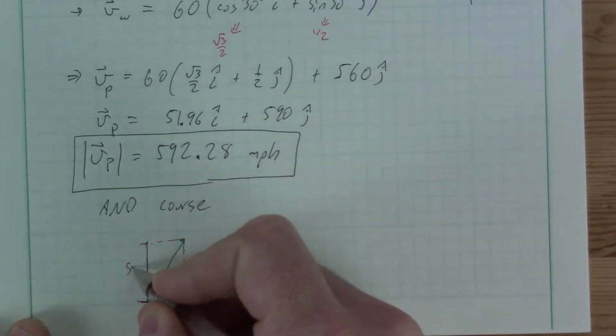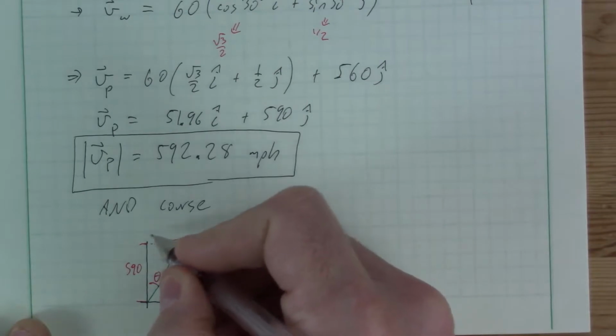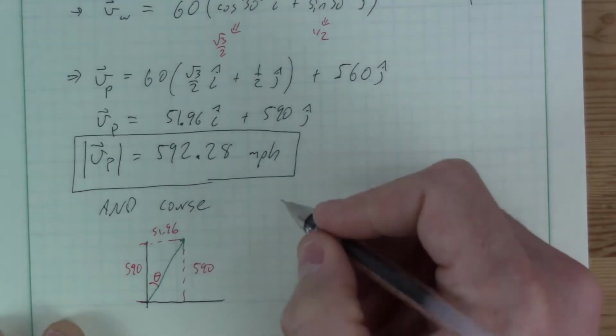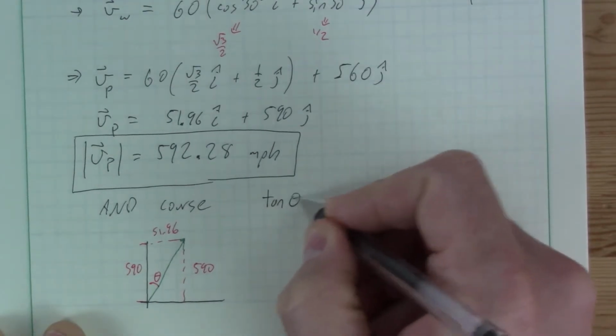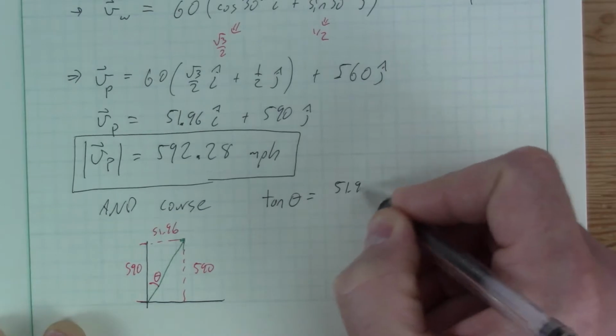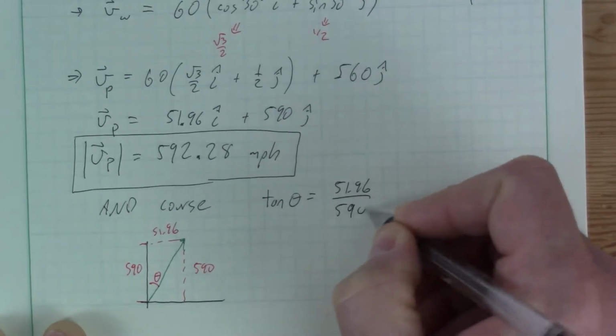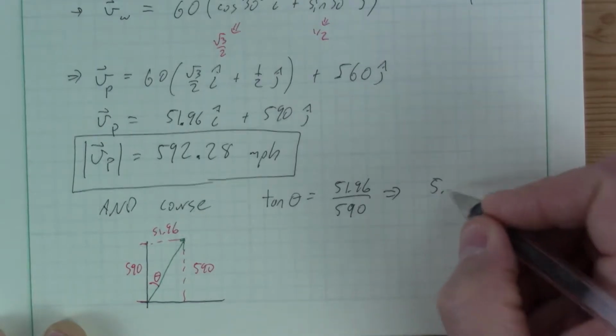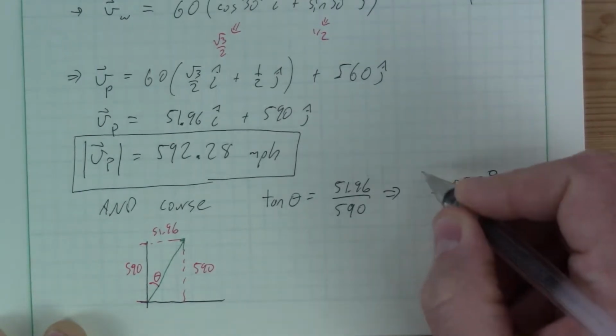Maybe I should draw it over here. This is 590, and this is 51.96. So the tangent of theta is 51.96 over 590, and taking the inverse tangent of that, we get 5.033 degrees.